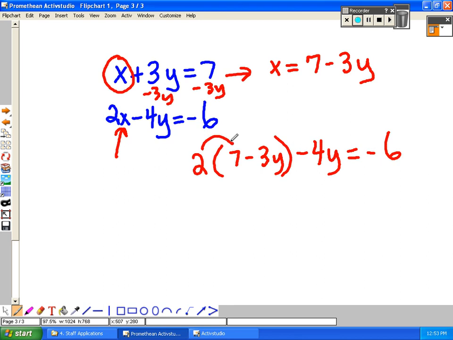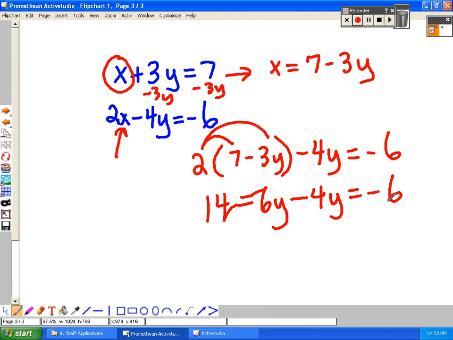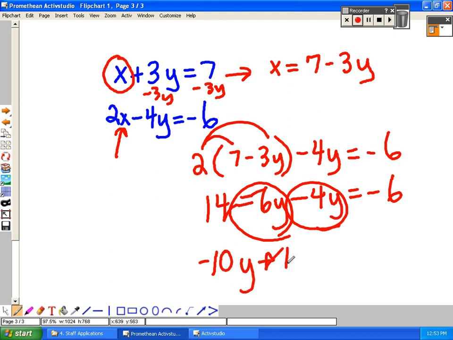So the first thing we always have to do is distribute to simplify. 14 minus 6y minus 4y is equal to negative 6. I'm going to combine a negative 6y and a negative 4y. I'm going to do this right down here to be negative 10y plus 14, because it's a positive 14, is equal to negative 6.